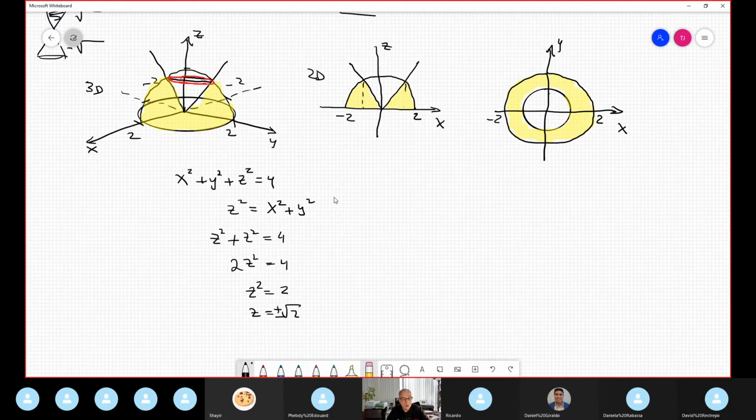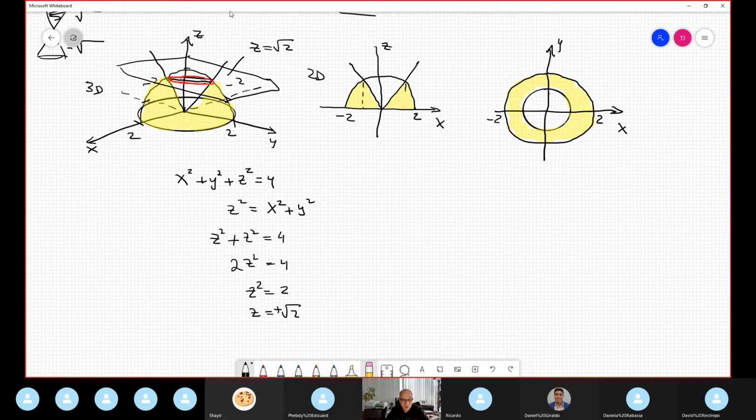But actually it's only plus. I don't care the minus because remember z is positive. Basically, I discovered that this circle lies on the plane z equal square root 2.